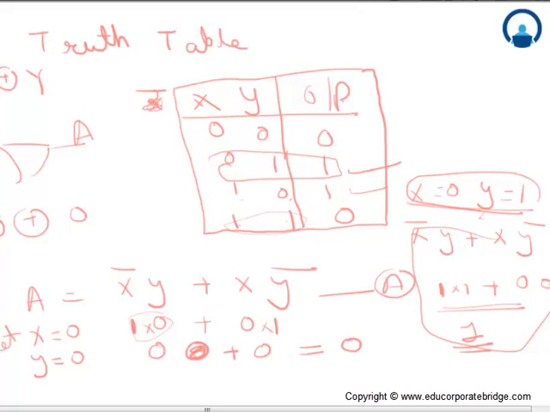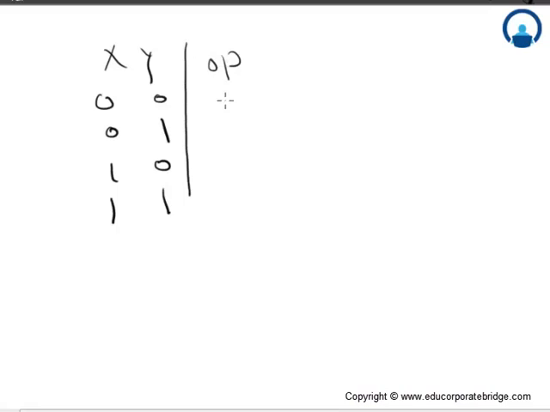Now, one more important feature of the XOR gate. I'll work it out again and explain in detail. Let's check the truth table: X, Y, 0 0, 0 1, 1 0, 1 1, and the output is 0, 1, 1, 0. So this is the XOR gate. Let's take this example.